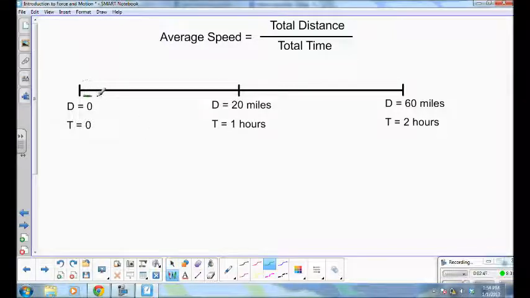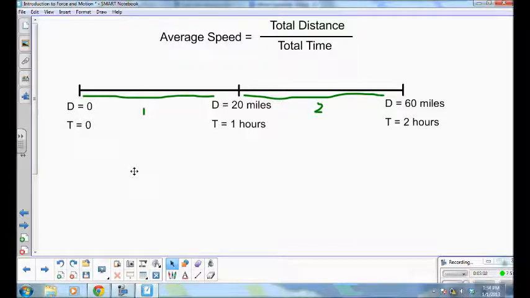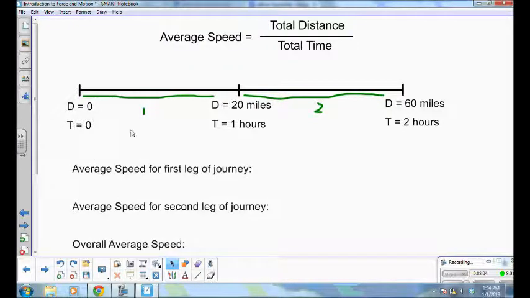This area from here to here is what we'll call leg 1 of your journey. And this area right here is what we're going to call leg 2 of your journey. So knowing that, we can calculate the average speed for not just the first leg and the second leg, but for the entire journey itself.